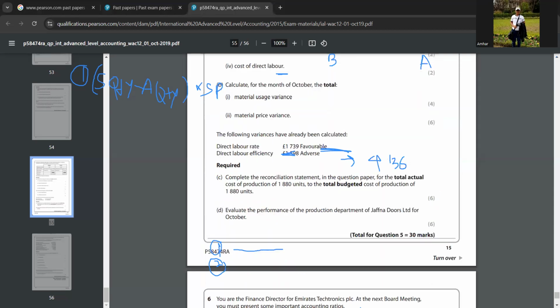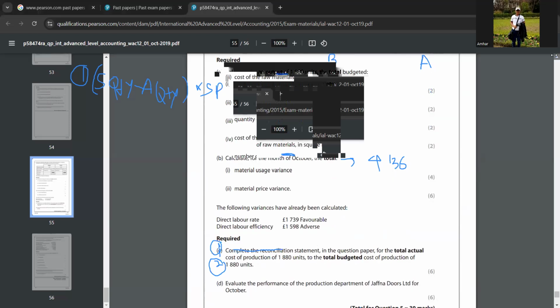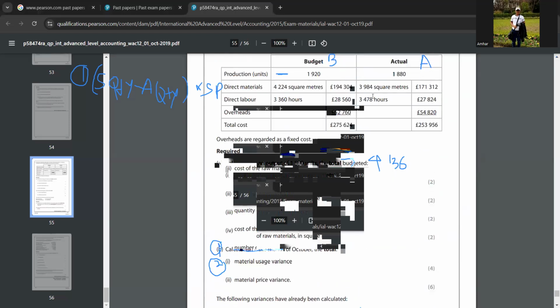Okay, so here you have to put 4,136 minus actual quantity.